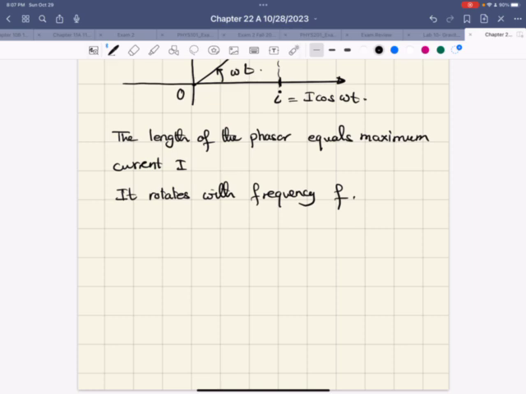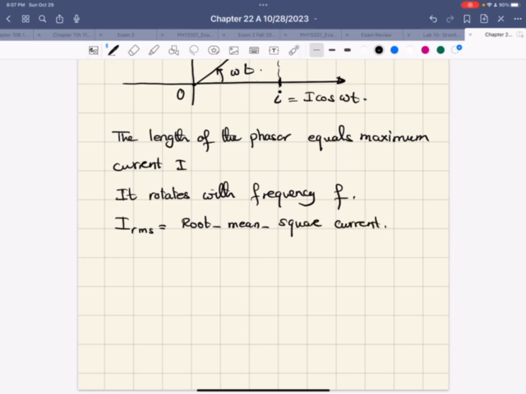Now, one important thing we want to talk about is that for these types of values, when they are changing, we define what is called IRMS, which we call the root mean square current.